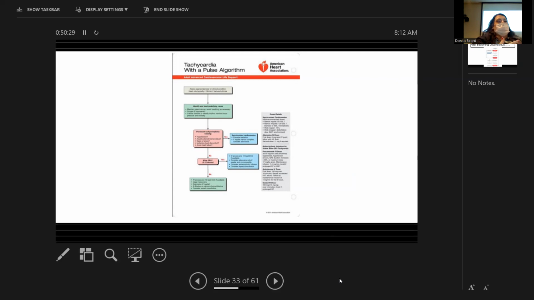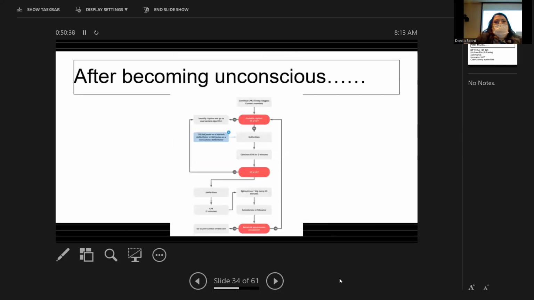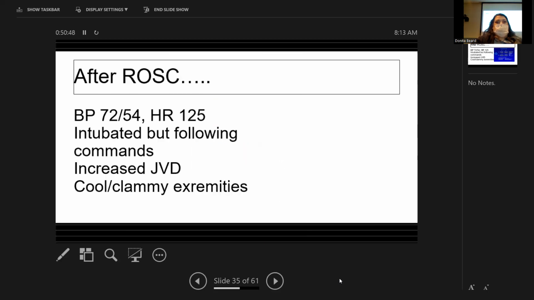And you do want that, because if you are not careful with that, then you can end up in ventricular fibrillation. And then if they become unconscious, that's when you go straight to defibrillation with either the 200 joules biphasic or 360 joules monophasic.